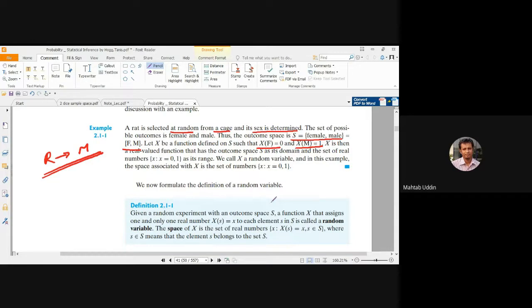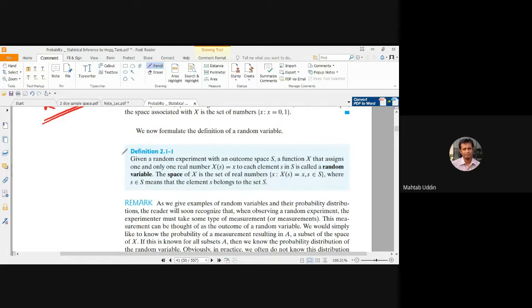Next one. This is the basic definition that I have said. That is a sample space, and X is assigned 1. That is, X is some variable that has a probability to take any element.